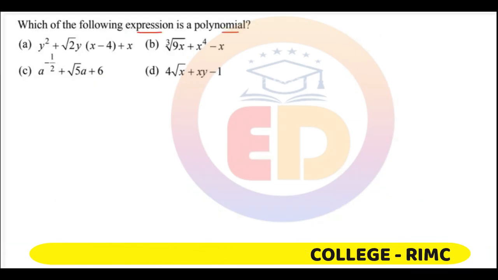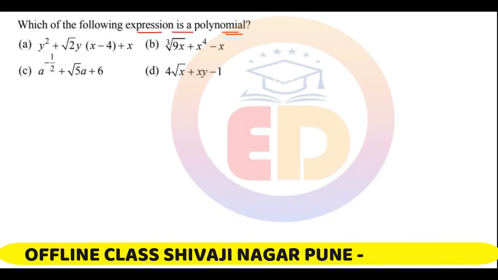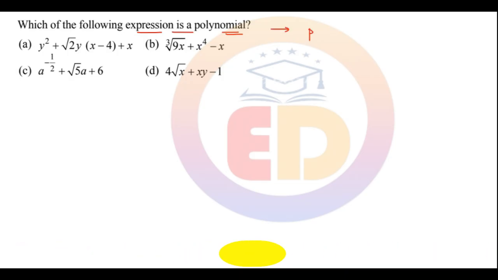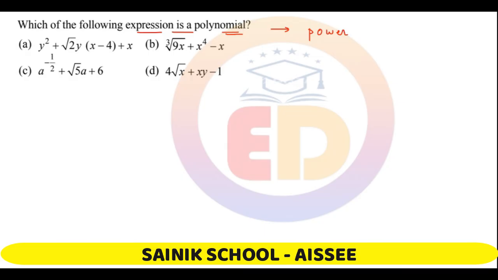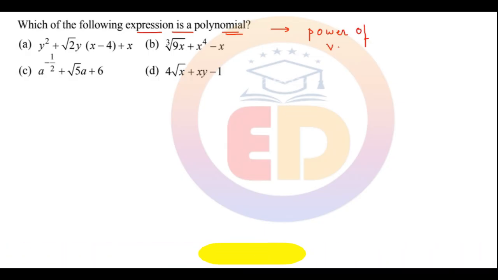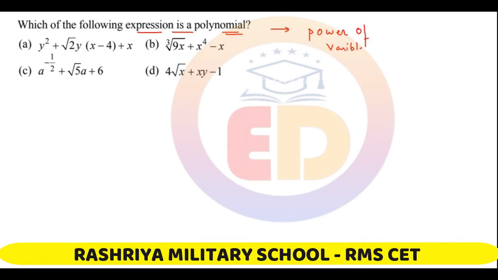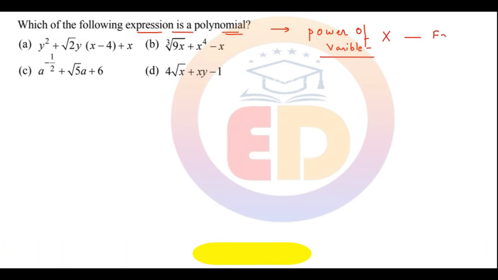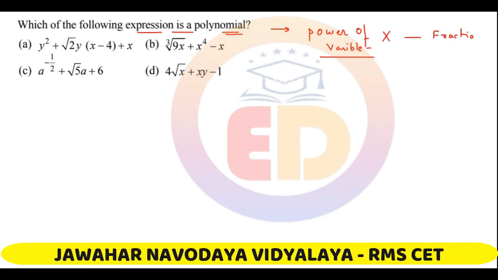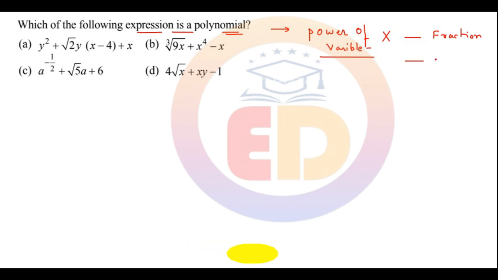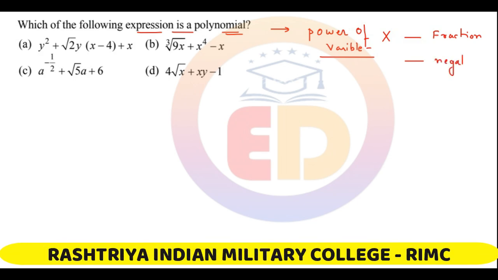Which of the following expressions is a polynomial? The condition of being a polynomial is that the power of the variable should not be a fraction. It should not be a negative integer.